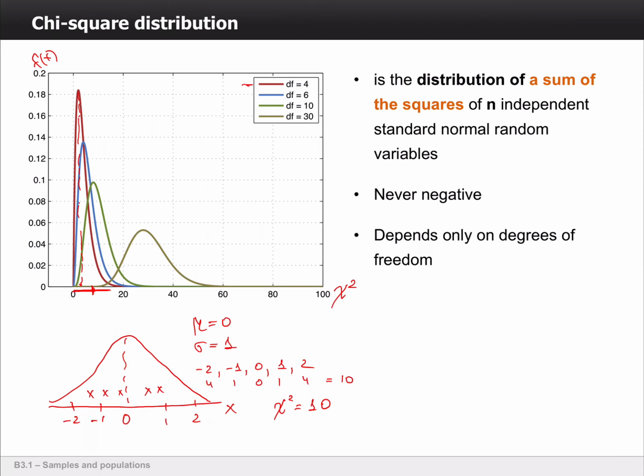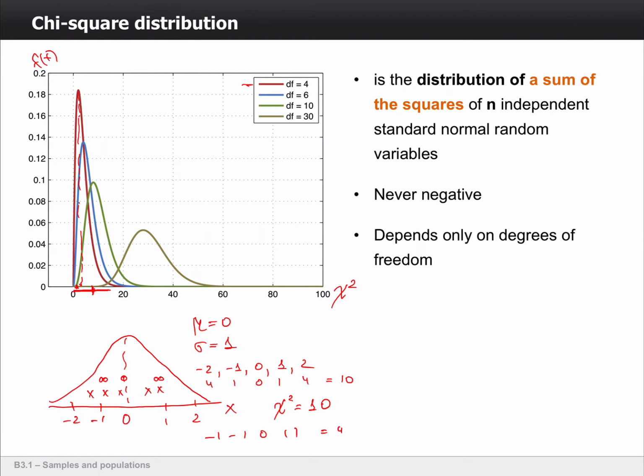Then let's say we repeated this experiment and got -1, -1, 0, 1, 1. The squared values will be 1s, and the sum will be 4. You can see that 4 is somewhere here, so it's pretty okay.